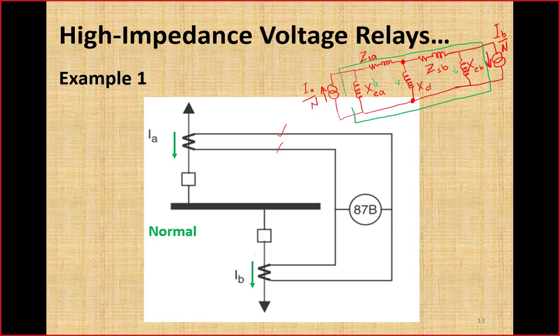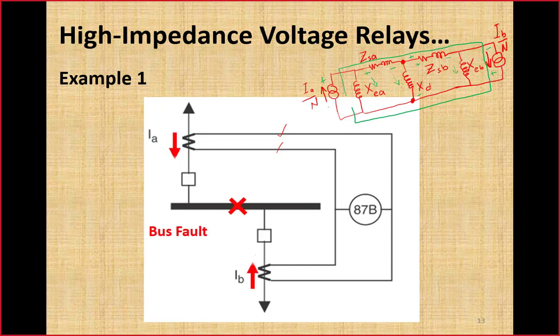Remember, there would be no voltage. The voltage across this ideal current source will be exactly the same as the voltage drop across this branch. Similarly here. So in this loop there will be zero voltage across this high impedance voltage relay. This is how it responds in normal operating condition.